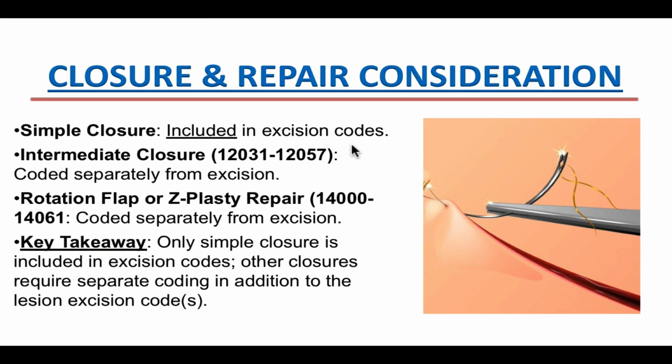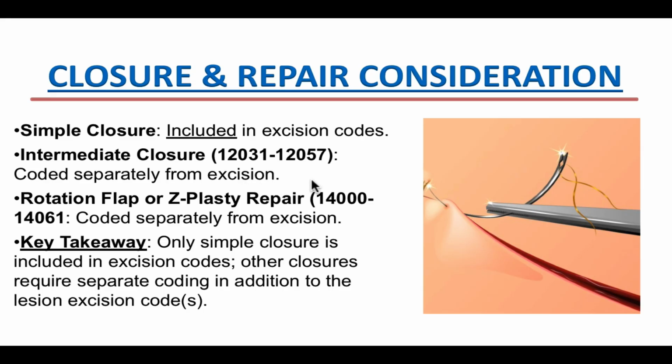Closure and repair consideration. When coding lesion excision, it's important to understand how closures are handled. Simple closure is already included in the excision codes, so you don't need to report it separately.